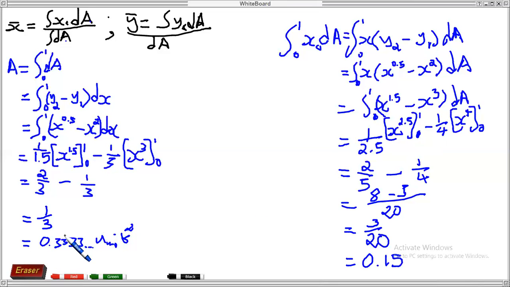Okay, so here at the top, for the numerator we got 0.15, and for the denominator we got 1 over 3. So we can actually just substitute those two values and we should get our x bar. Let's just see if that's what we got here also.